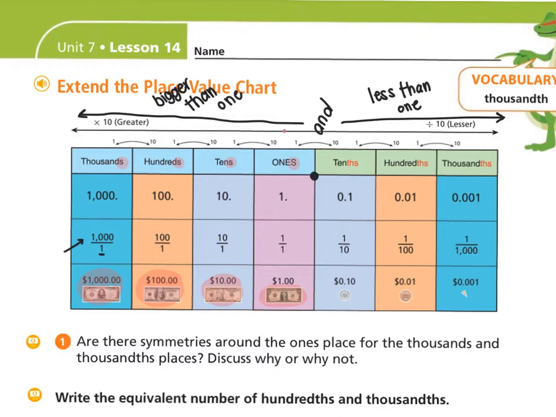As we move to the right side of the decimal point, we are getting into numbers that are less than 1. So when I go to the right side of the decimal point, all of a sudden, I'm adding my ths, my ths, and my ths, and I'm getting smaller and smaller and smaller.